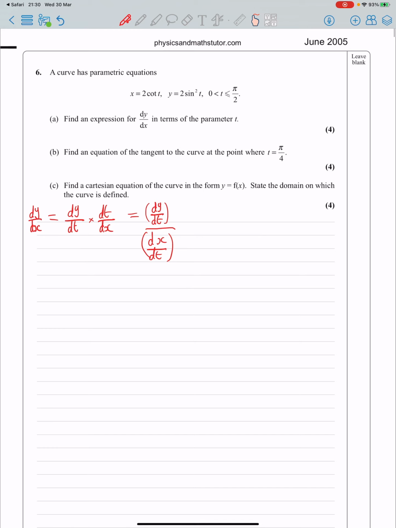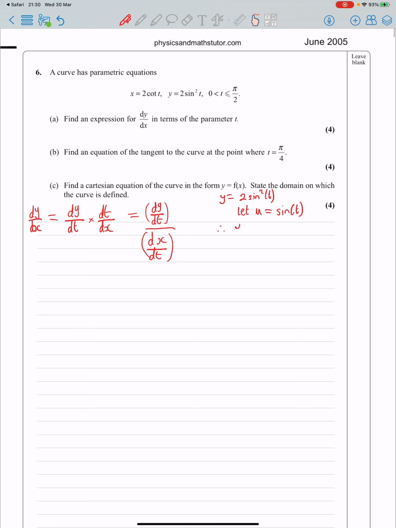So we know that y is equal to 2 sine squared t. Therefore, for dy/dt, we're going to differentiate using the chain rule. I will go through the chain rule slowly. I will let u equal sine of t.